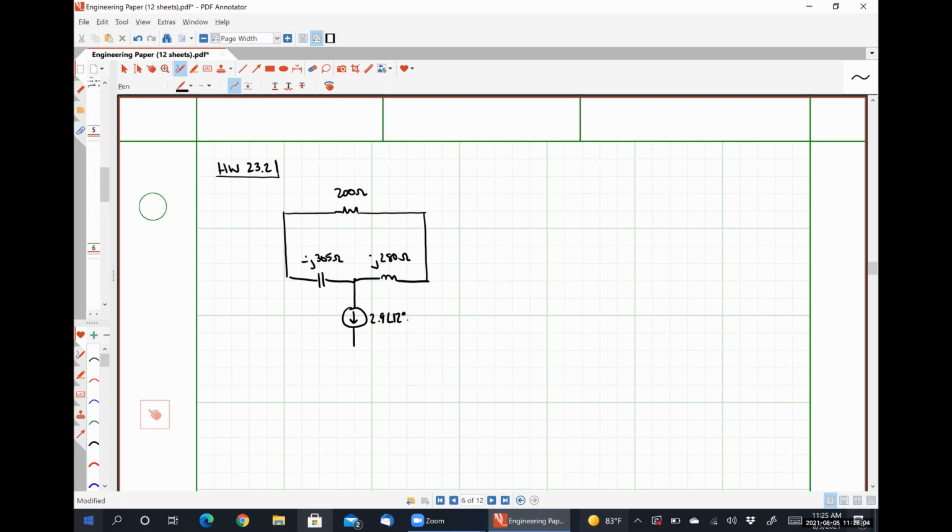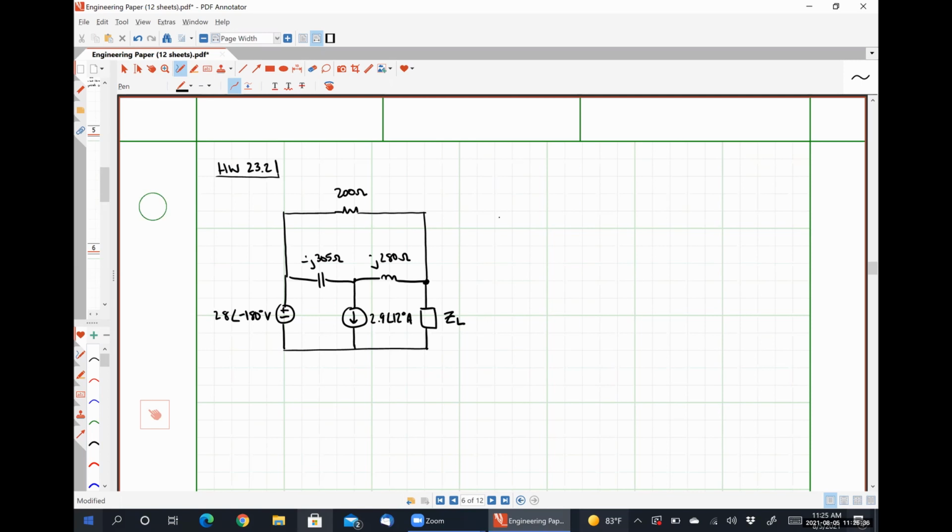We have a voltage source over here that is 28 angle negative 180 degrees volts. And then we have an impedance here just called ZL. So it is just a generic load impedance.